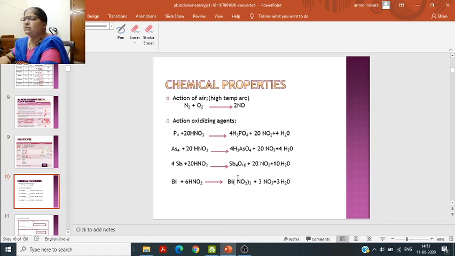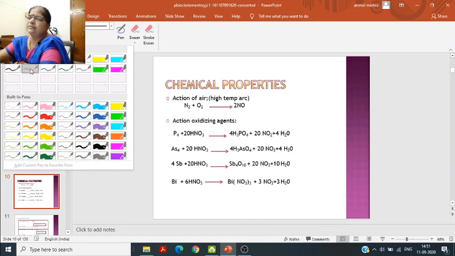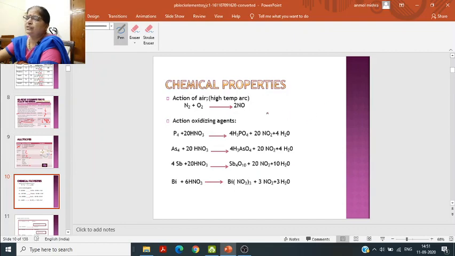First, nitrogen combines with oxygen to form nitric oxide. This is the principal reaction for the formation of nitric acid, that is the Ostwald process.